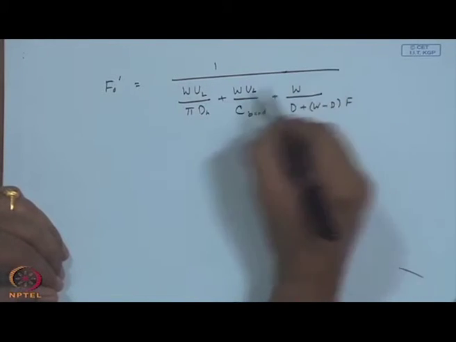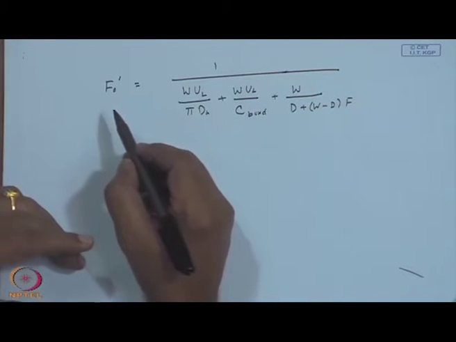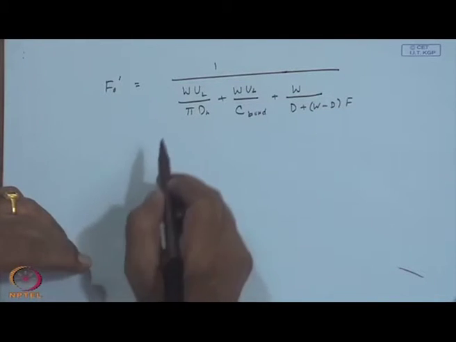Now, this you will notice is exactly similar to the fin and tube absorber of arrangement number 1, where the tubes were at the bottom. These tubes, or protrusions as you call them, are at the bottom, though the fluid is not flowing through them.